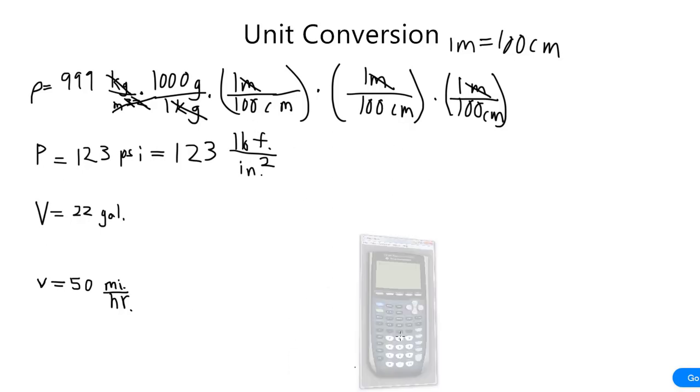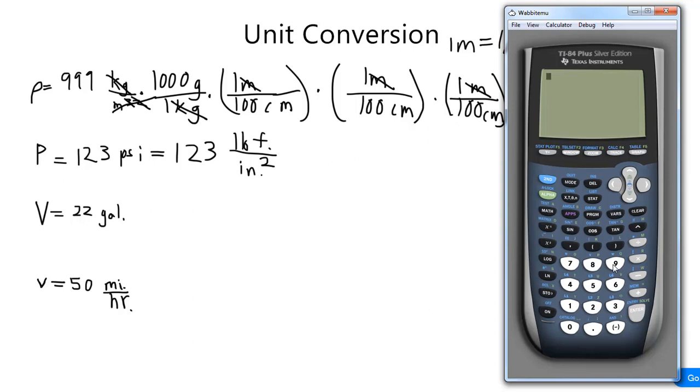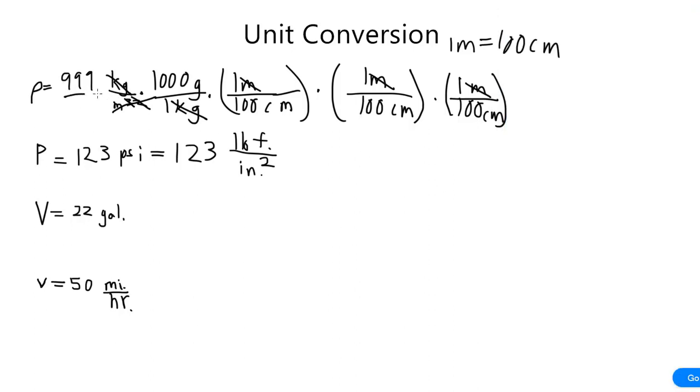So now if we go to our calculator real quick, we have to do 999 times 1,000 divided by 100 cubed. But before I begin with that, I just want to talk about this density right here. This is actually a very well-known density in the end. This is the density of water. So 999 kilograms per meter cubed, that's the density of water.